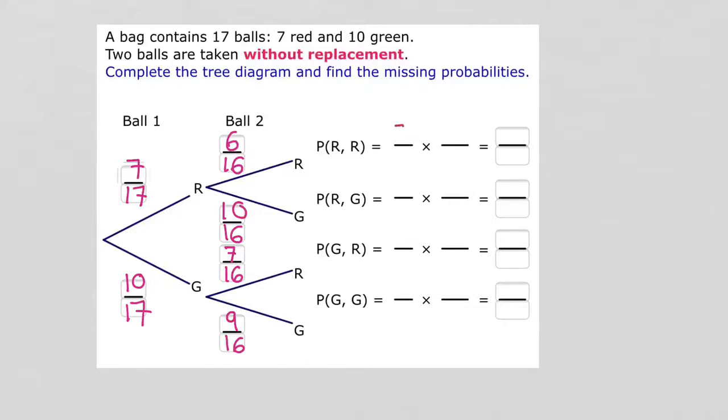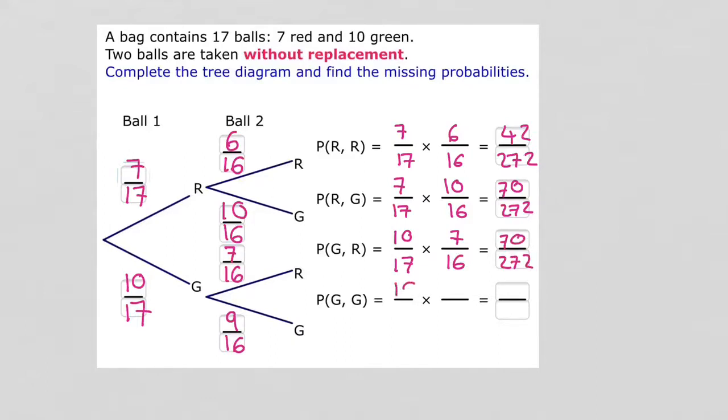So, red and red, if I multiply the probabilities here, and that's 42 over 272. Then red and green, 7 over 17, 10 over 16, that's 70 over 272. Green and red, we'd expect to be the same, wouldn't it? Because green and green, same probabilities. And it is actually the same.